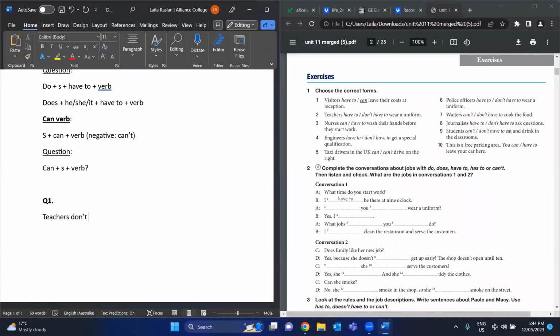So teachers don't have to. Maybe they don't have to. It's not necessary. It's not they must. I think teachers don't have to wear a uniform. It would be true if you said nurses or doctors have to wear a uniform, or firemen have to wear a uniform. But for teachers, maybe this one is don't have to.